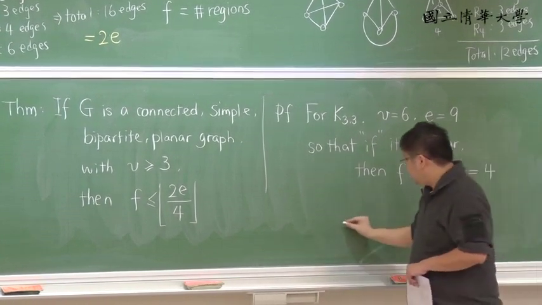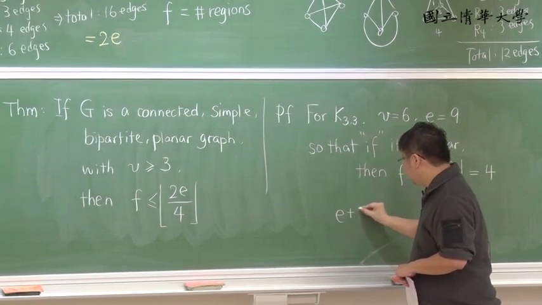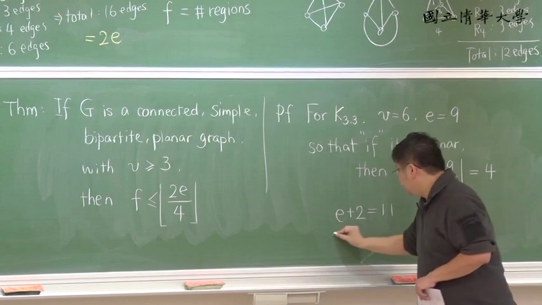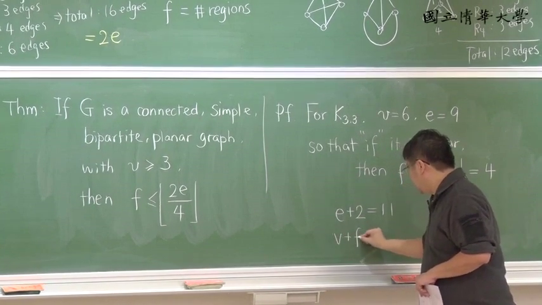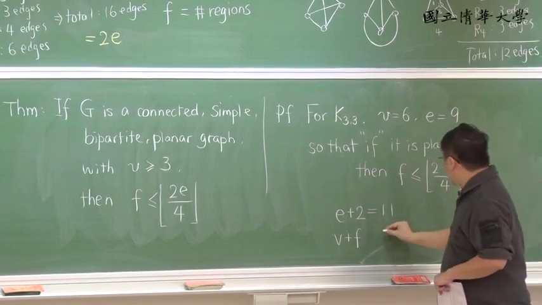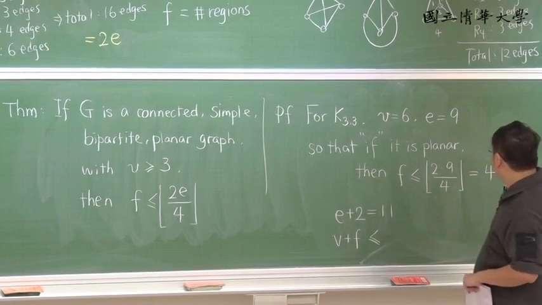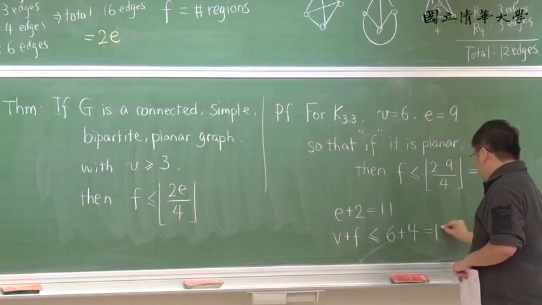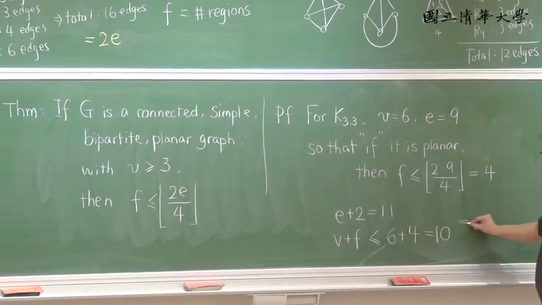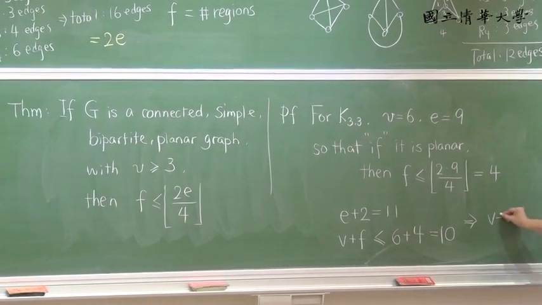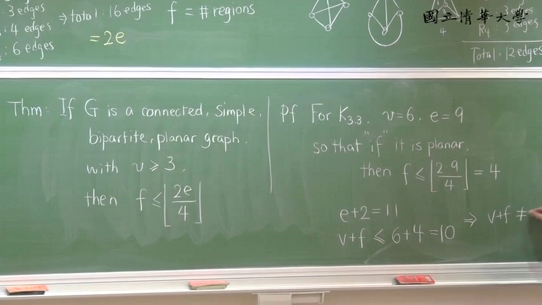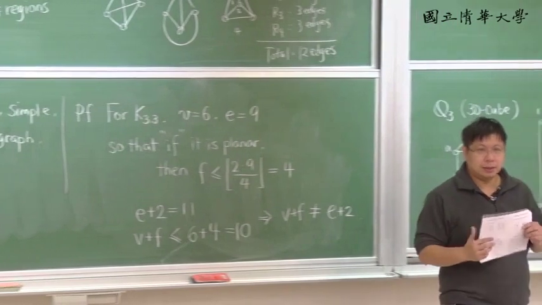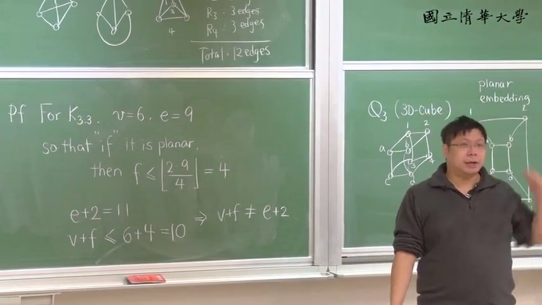So what do we have? E plus 2 is equal to 11. V plus f is less than or equal to 6 plus 4, which is equal to 10. So it means that V plus f can never be equal to E plus 2. Is that okay?